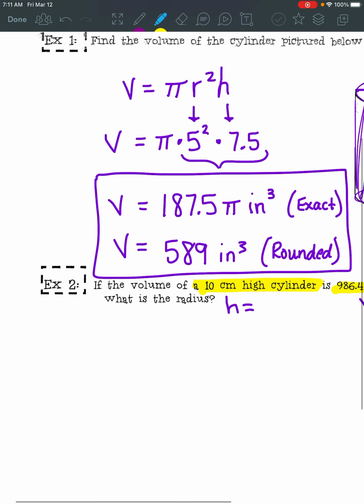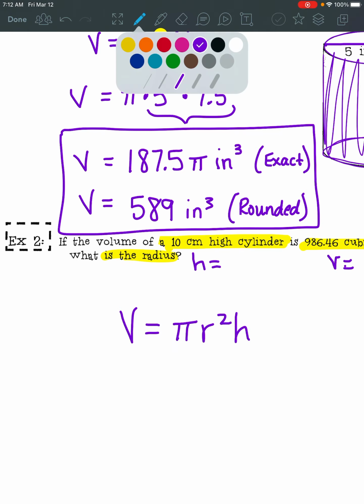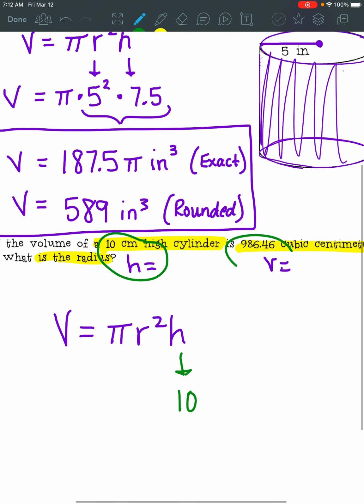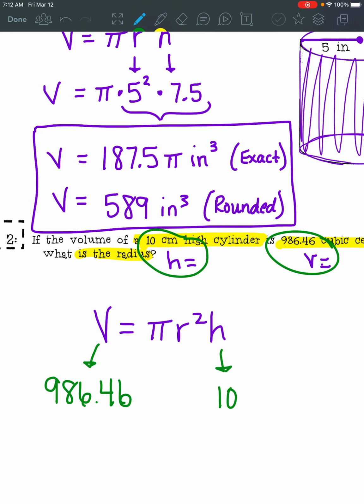So when we do this, this is a little different. I told you guys I always start out with what is the formula. And now let's replace values that we know. So we know the height. I'm going to replace the h with 10. We know the volume. So on the other side of that equal sign, the v, I am going to replace with 986.46.